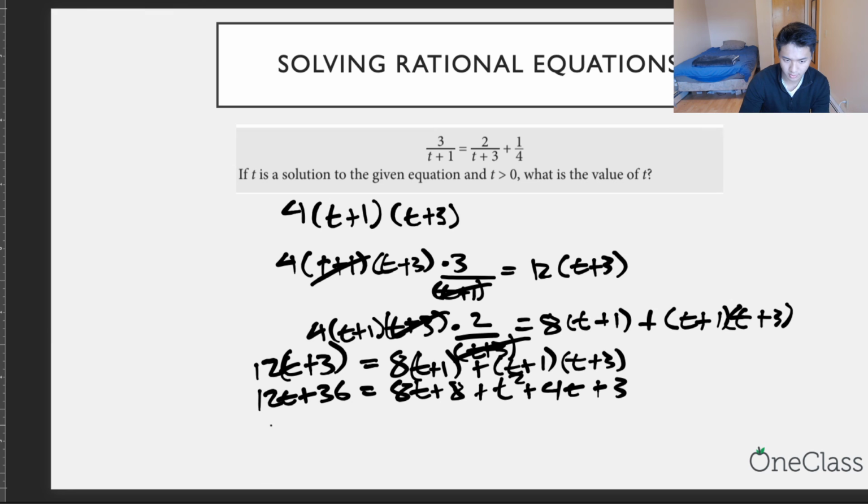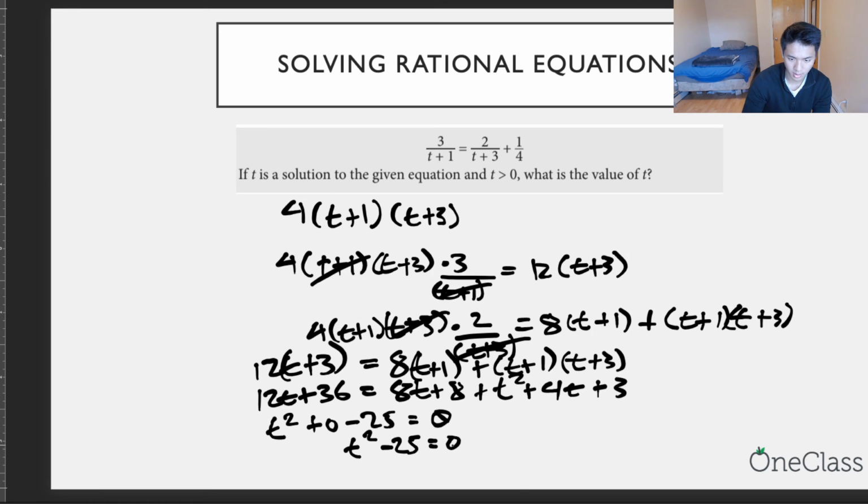We have t squared on the right side already. And then what are all the terms with t in them? 12t minus 12t, so plus 0. And then we have 8 plus 3 is 11, minus 36 is equal to negative 25. All of that is equal to 0. And so the final thing we get is t squared minus 25 equals 0.